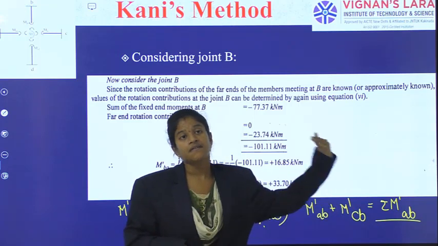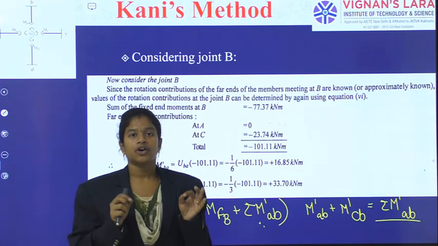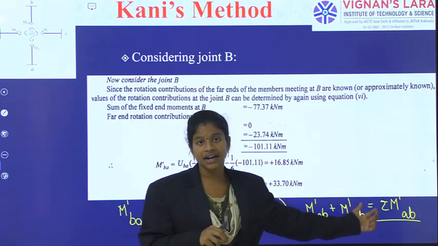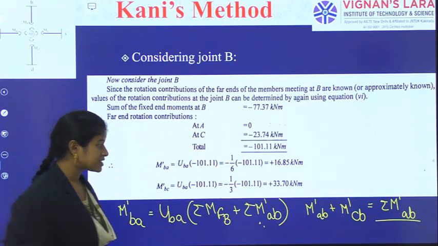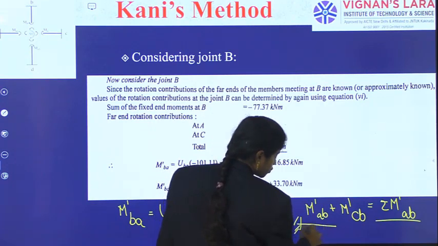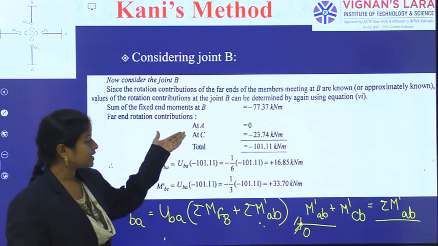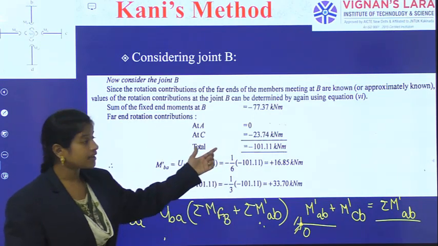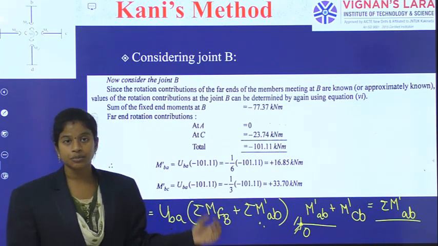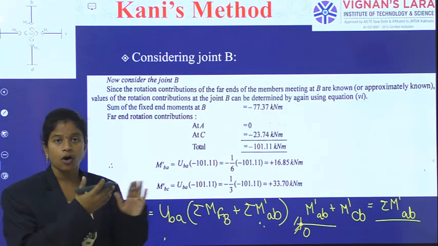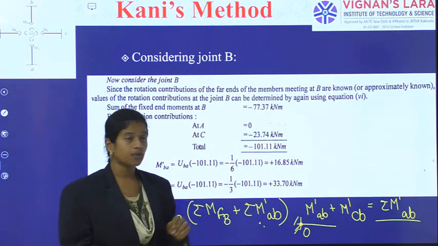M dash CB is the far end rotation contribution at B from C. So the far end rotation contributions: from A towards B, the rotation contribution is still 0 because it is the fixed end. And then at C, from C towards B, what is the far end contribution? As we calculated in the previous step, that much we will write. So at C this is minus 23.74 kilonewton meter.